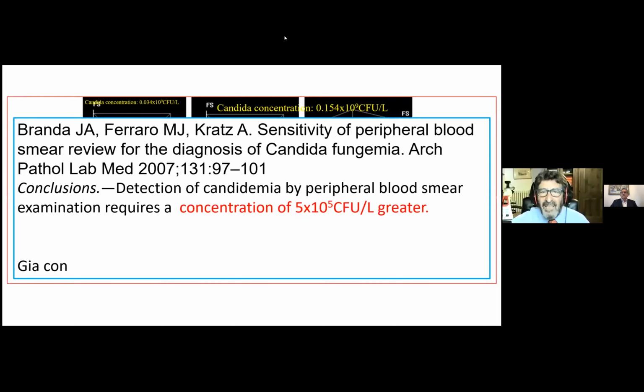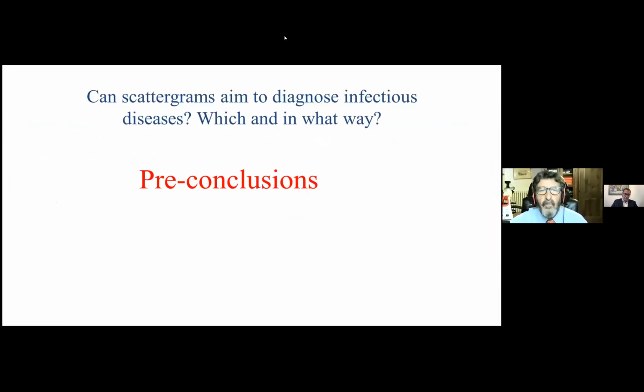Mainly, the analytical sensitivity for the presence of Candida in peripheral blood is 3 times greater from a cytographic point of view as against the microscopy observation. So we are almost at the pre-conclusion.